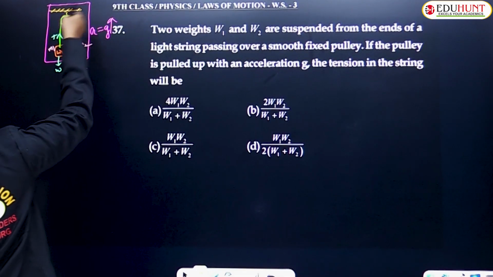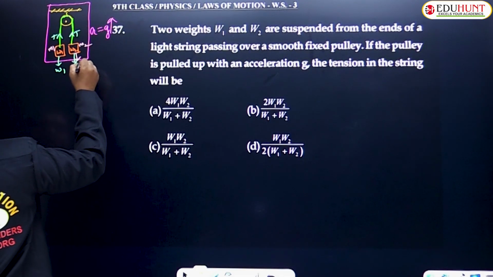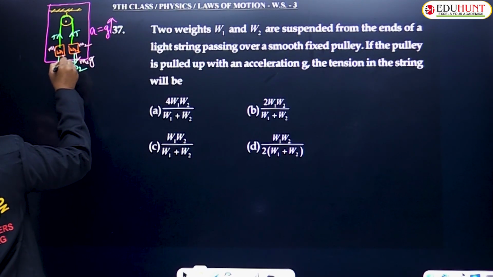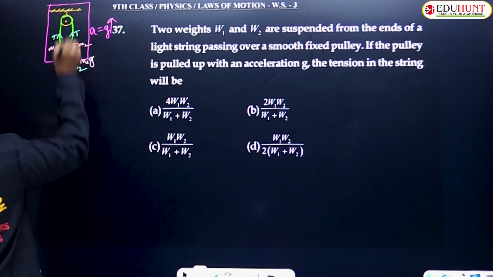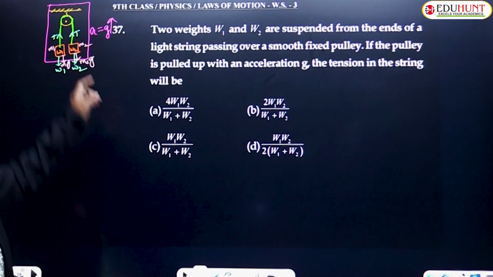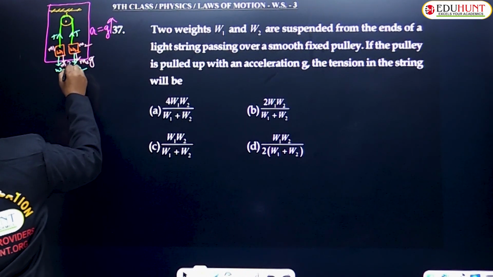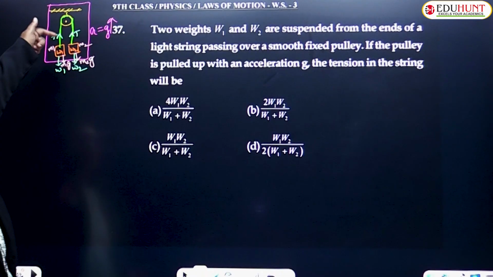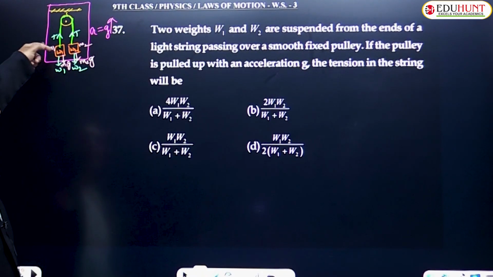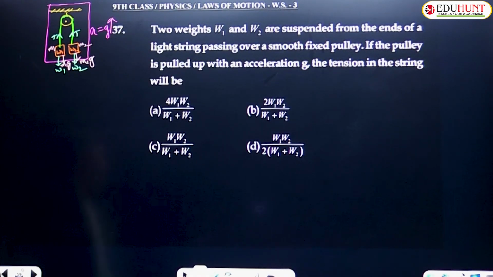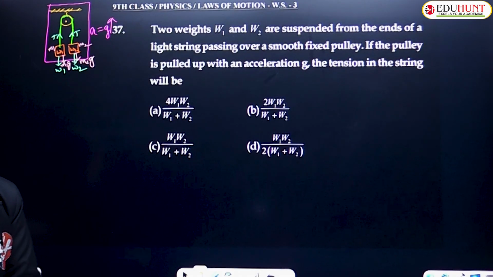Then mass into that acceleration, so m2g must be acting downwards. Here also m1g must be acting downwards. This all happens only because of that pseudo force. Now if you observe the figure, case 1: m1g downwards, W1 downwards, T upwards. Case 2: W2 downwards, m2g downwards, and tension T upwards. So these things you need to identify.